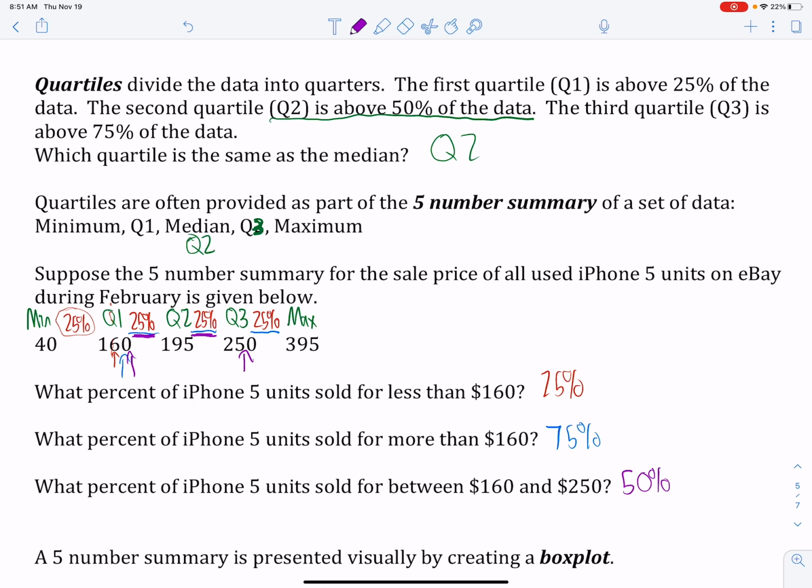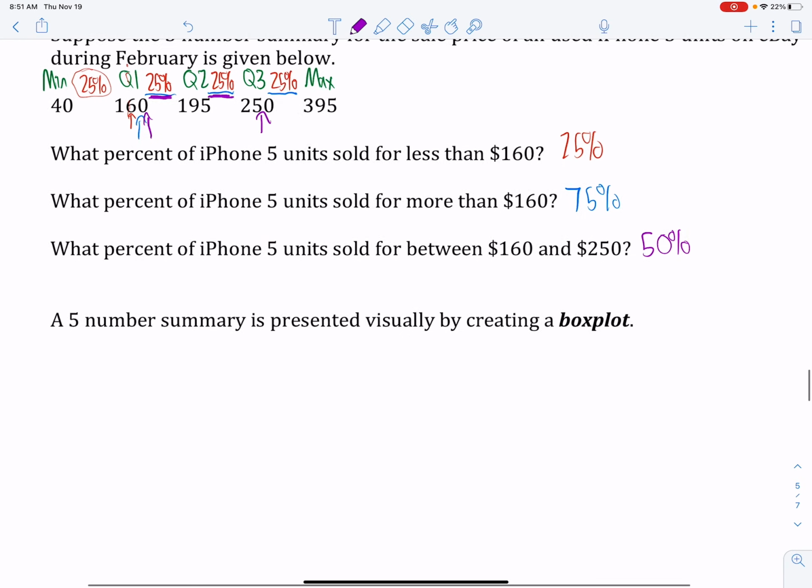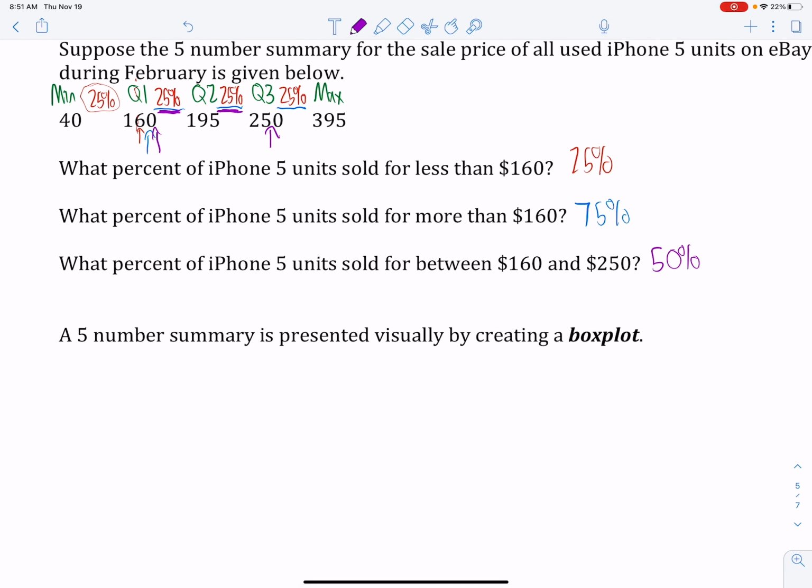Now, a lot of times a 5-number summary might be presented visually by creating what's called a box plot. A box plot starts with a number line. And if I'm making a box plot for those phone prices, our lowest one is 40, our highest one is 395.